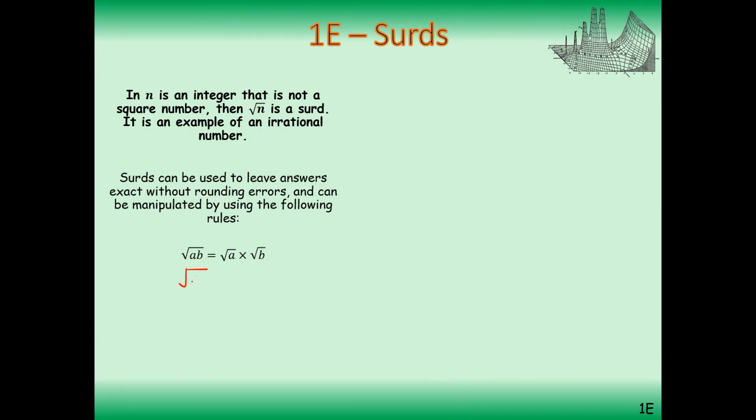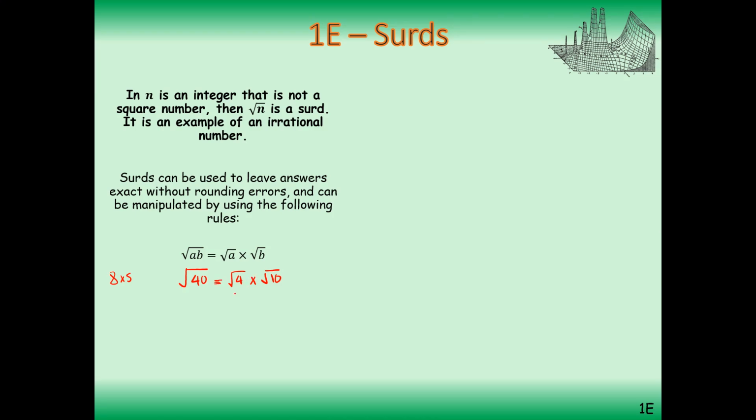For example, if I have 40 here, I can rewrite 40 as... what are the factors of 40? 5 and 8. But 5 and 8 are not square numbers. Rather than using 5 and 8, I'm going to use 10 and 4. If I write the square root of 4 times the square root of 10, that's the same as having the square root of 40.